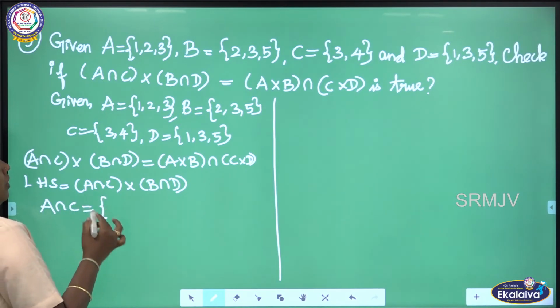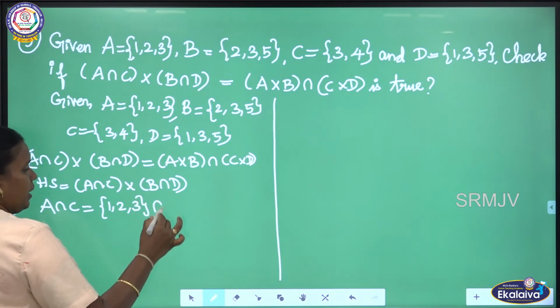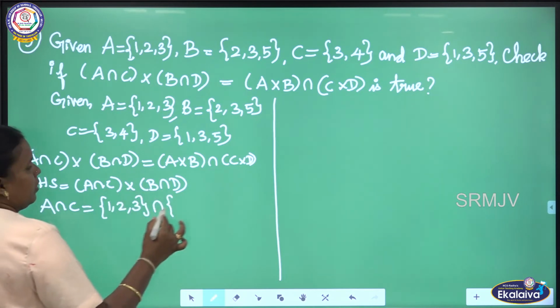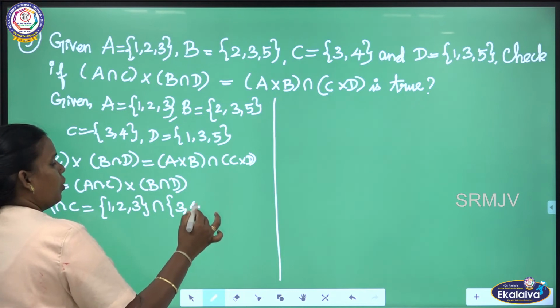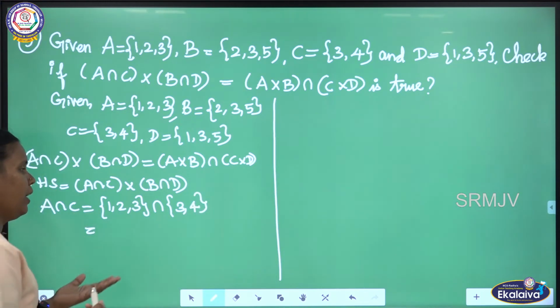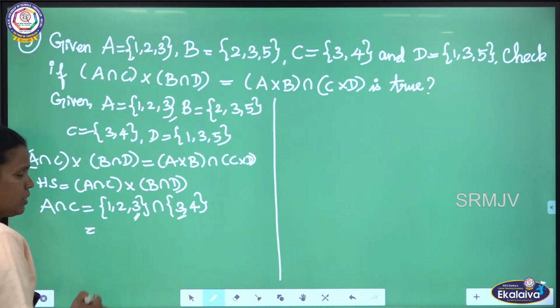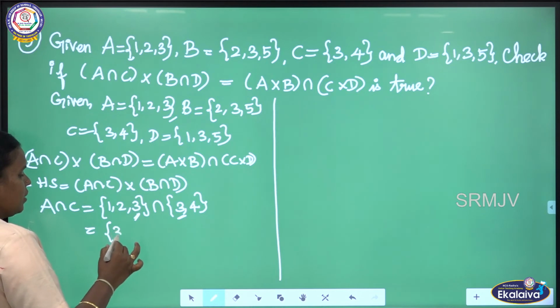First we have to find A intersection C. A set is {1, 2, 3}, intersection C set {3, 4}. What are the elements common to both? Only the element 3 is common in both sets. Am I right? So I will write the intersection as {3}.